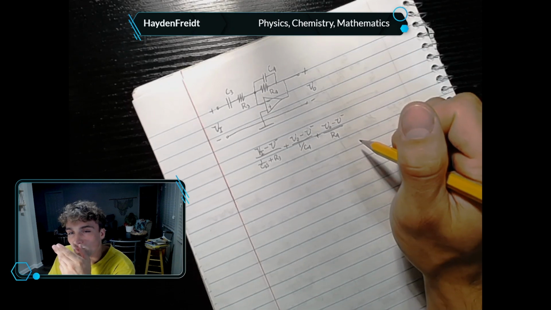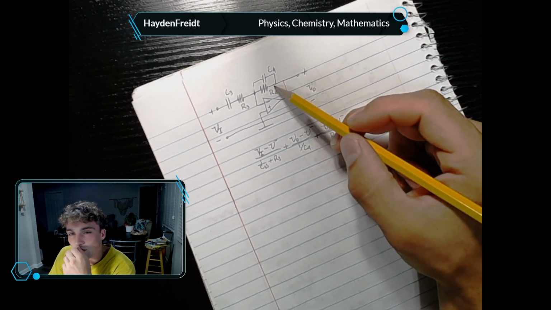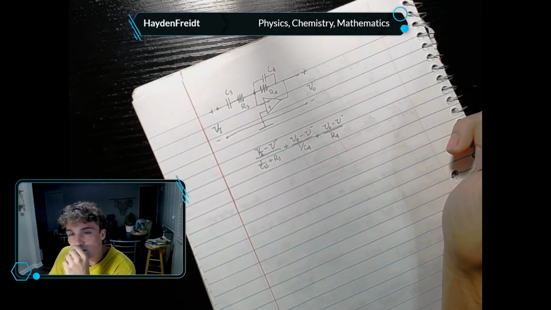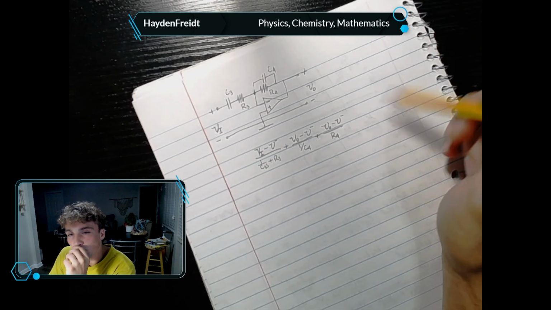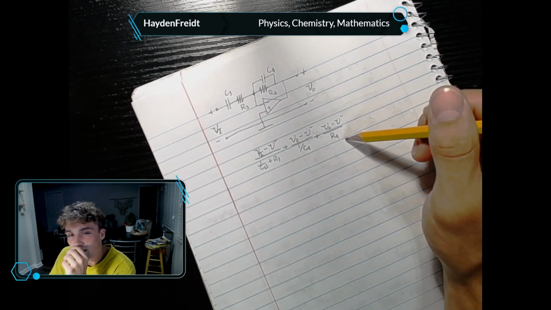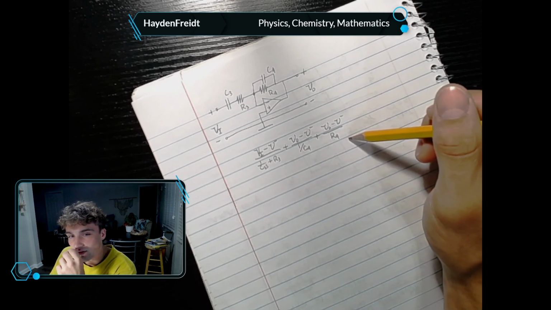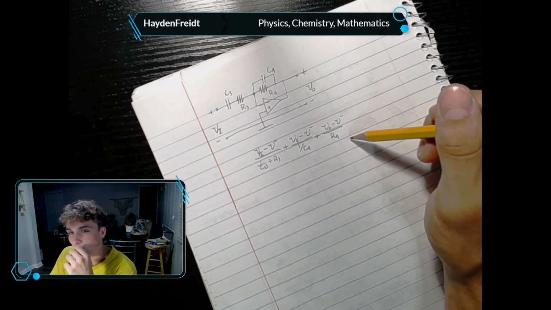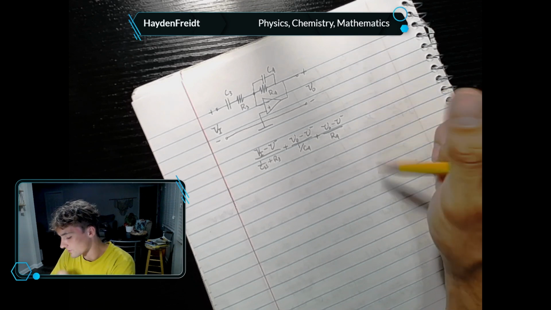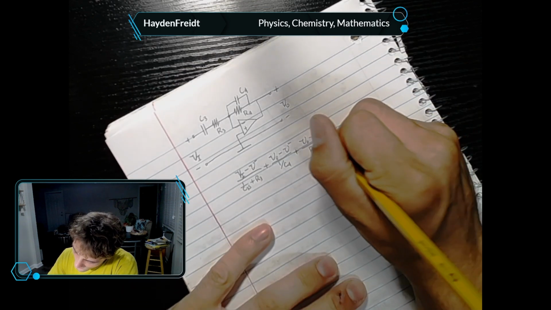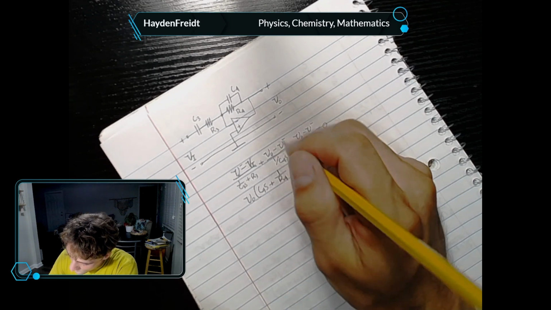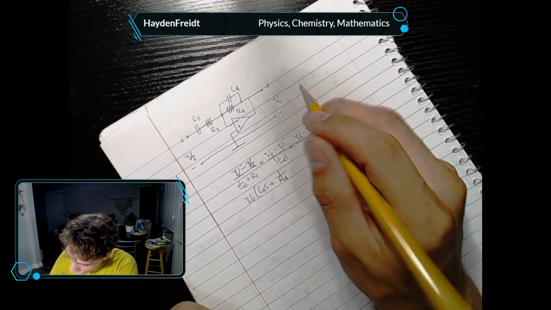So before, I put C4 and R4 in parallel. Now I put it in a way that I considered the current going through each of them individually rather than both of them as a whole. But I don't know if that's really going to make much of a difference. That's going to go in the numerator just like that.